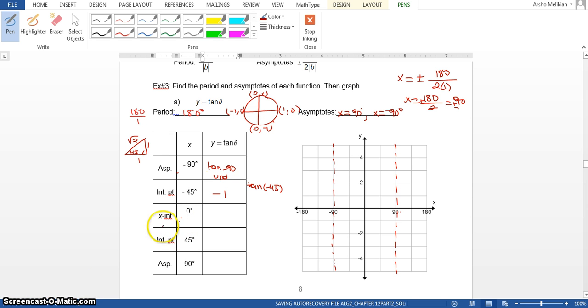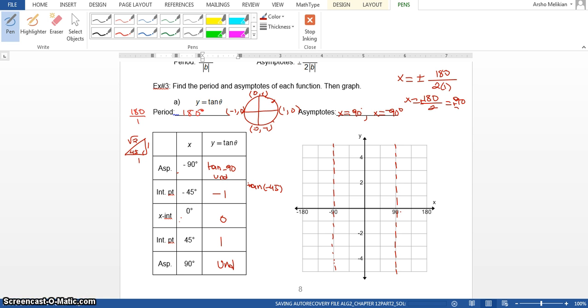Now, tangent at 0 is y over x, 0. Tangent at 45, this time we're here, it's positive 1. Tangent at 90 is y, 1 over x, 0. 1 over 0 is undefined. And sure enough, it has to be undefined because you've got an asymptote there.